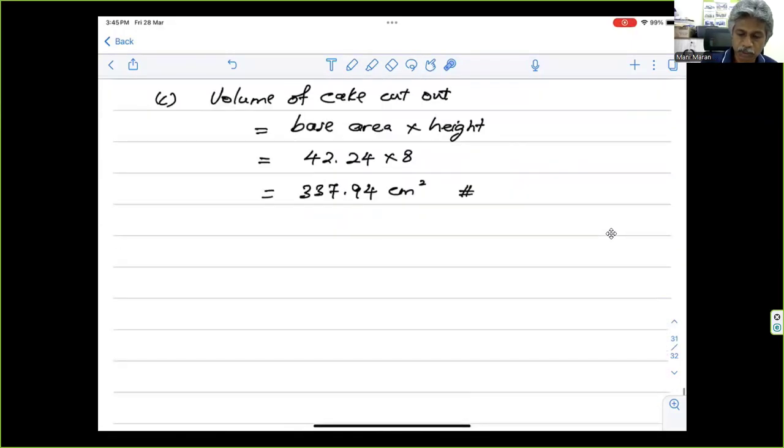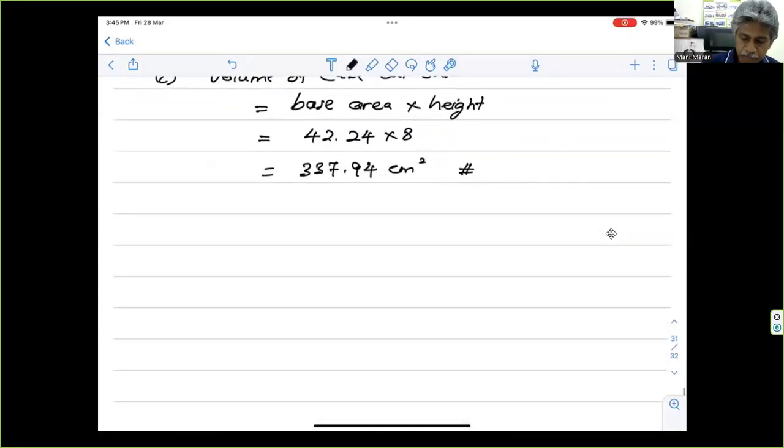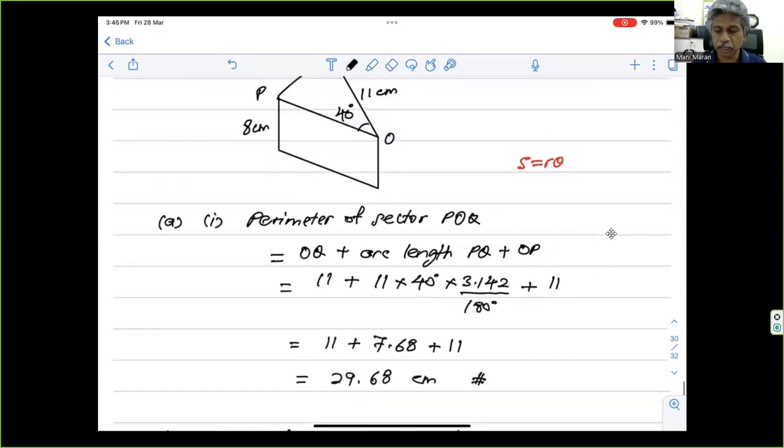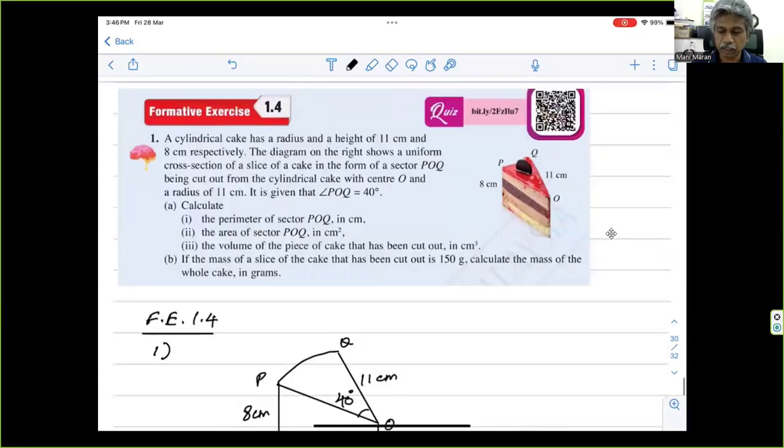So what we do here in part D, the mass of the whole cake will be given by, remember, if you're looking at one whole cake, the angle will be 360 degree. Currently we are looking at a small sector of the cake, which is 40 degree.